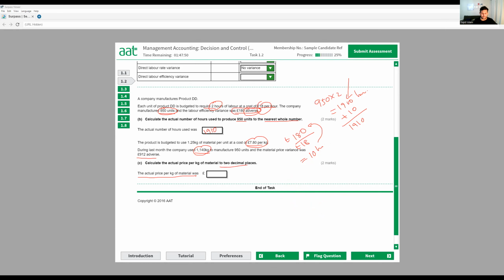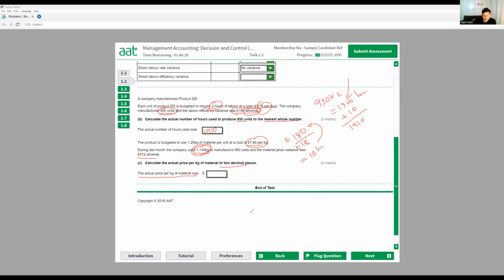So if we try to find out how much is the value of that verse, then it will be easier for us to do. So if we find out how much is the value of the 1140 kilo?